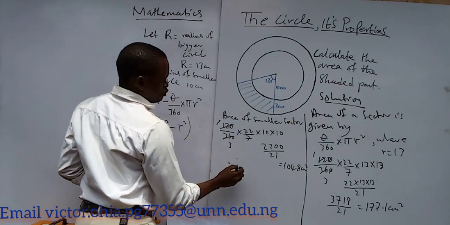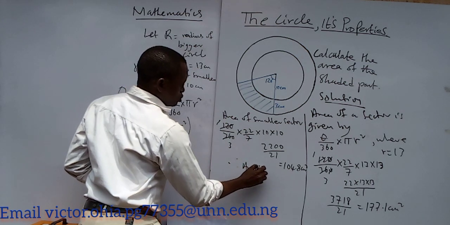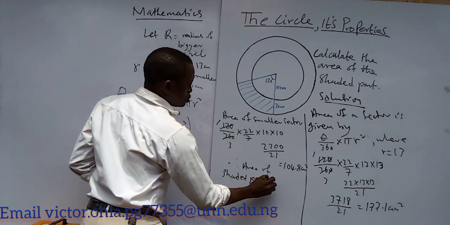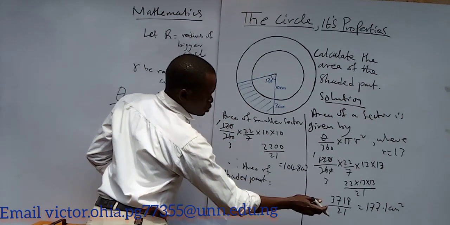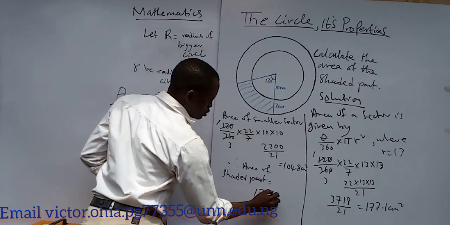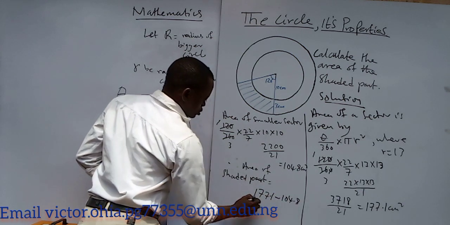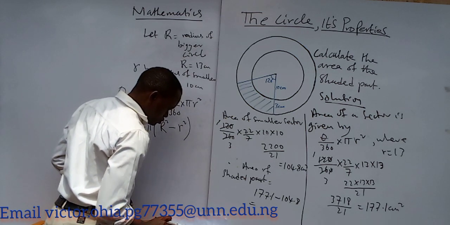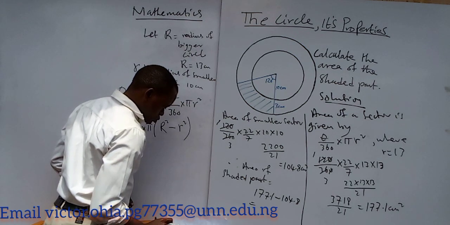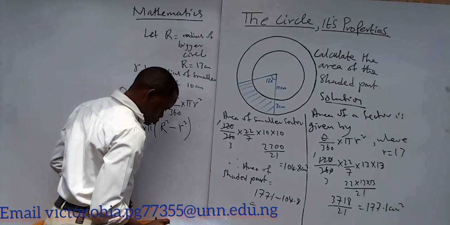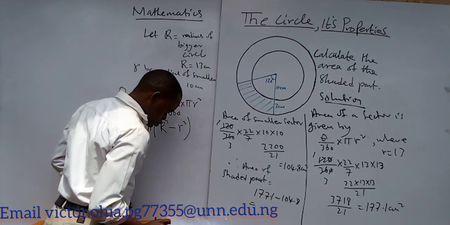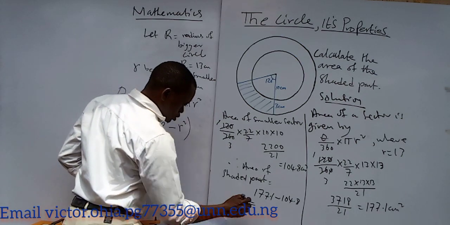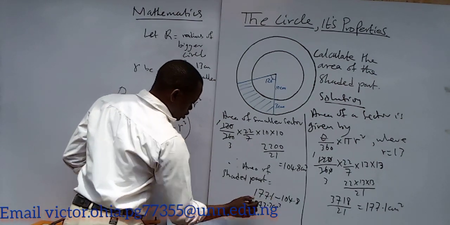So you can now take the difference. Therefore, the area of the shaded part is 177.1 minus 104.8, and finally that is going to give us 72.3 cm squared.